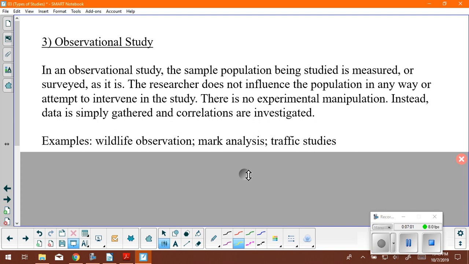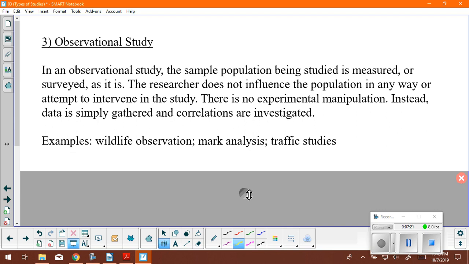Okay, so some examples of this. Okay, wildlife observation. Okay, obviously you're not going to walk up to a lion and ask him what his sleeping habits are like. You're just going to set up a little camp somewhere and watch for it and see what it does. Okay, mark analysis. Okay, this is more, for example, for me as a teacher.